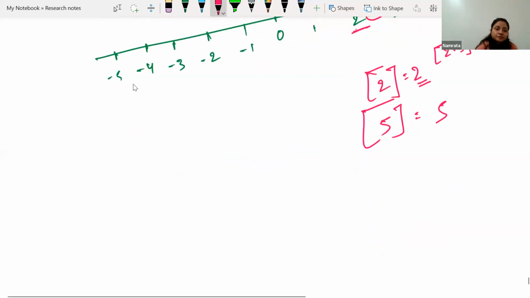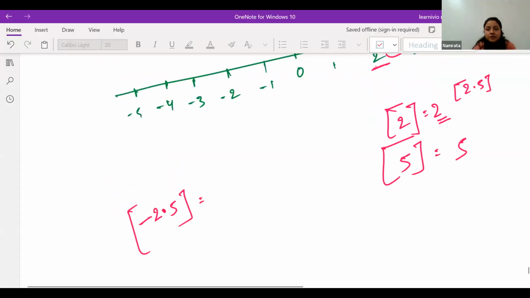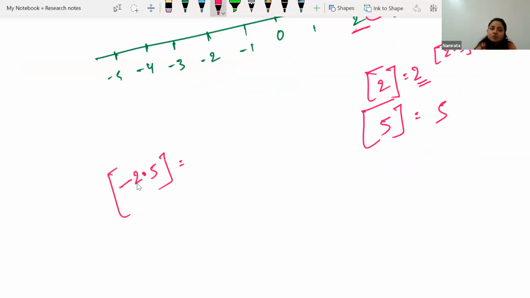What about minus 2.5? Anyone? What will be the answer? Exactly, it will be minus 3. When we have minus 2.5, the result will be minus 3.